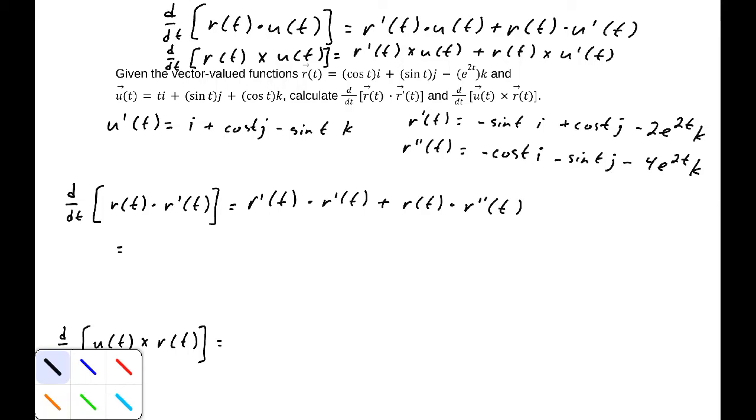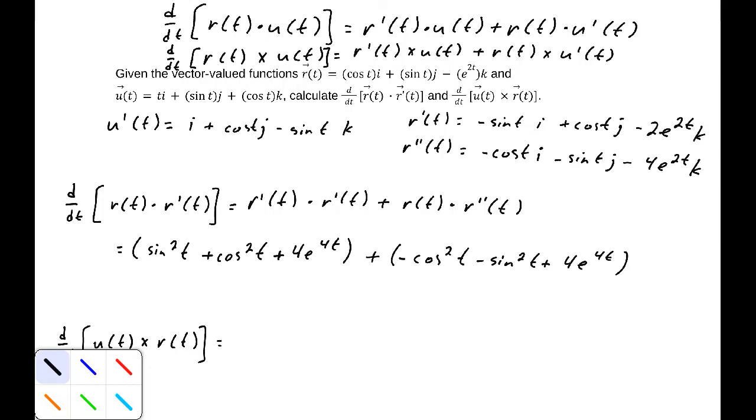That would be equal to parentheses sine squared t plus cosine squared t, remembering our definition of the dot product, plus 4e to the 4t, close parentheses, plus, open parentheses, minus cosine squared t minus sine squared t plus 4e to the 4t, close parentheses.